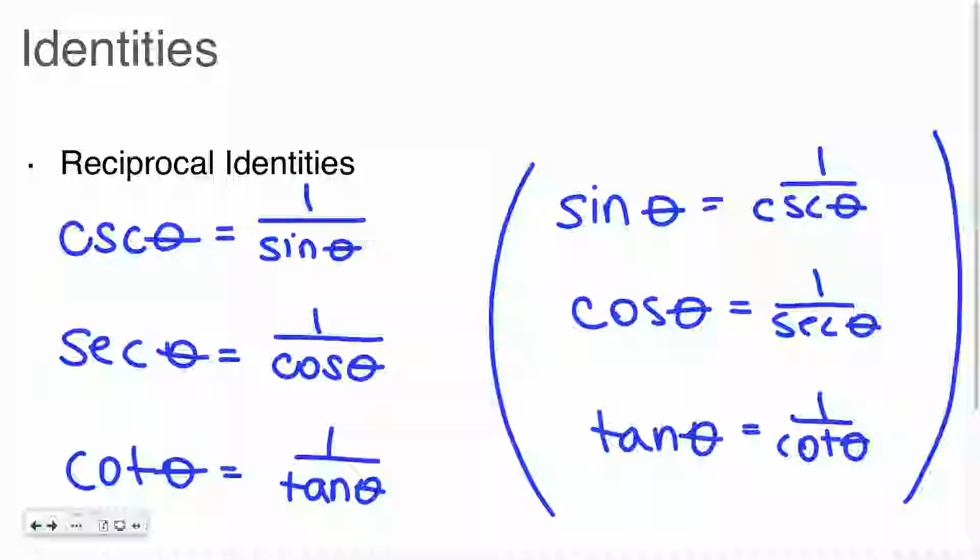The next set are called the quotient identities. And I feel like you already know these. Quotient is a fancy word for division. Do we have a trig function or 2 that is the quotient of 2 others? And what is tangent?